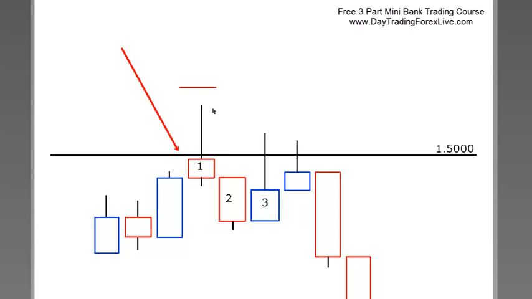So very simple. All you'll do is you'll put your cursor above candle number 1, right at the high, measure down exactly 15 pips, and that's where the entry becomes valid.